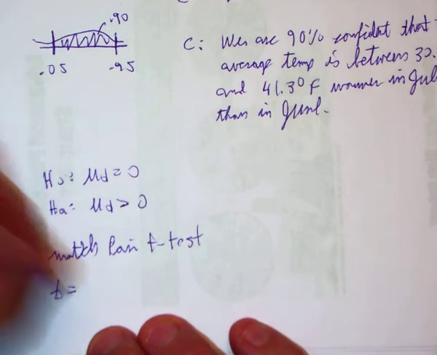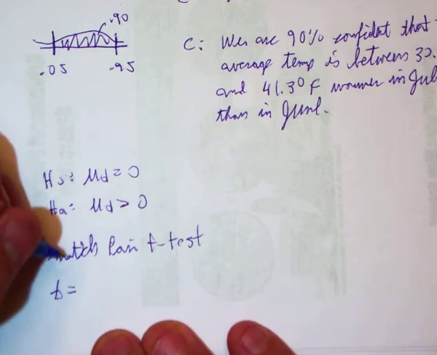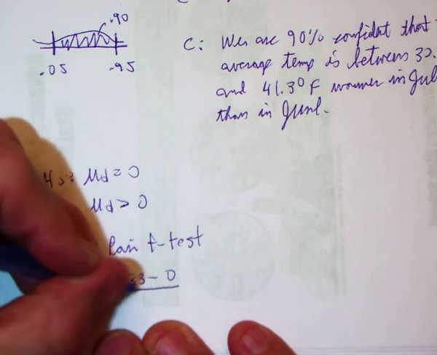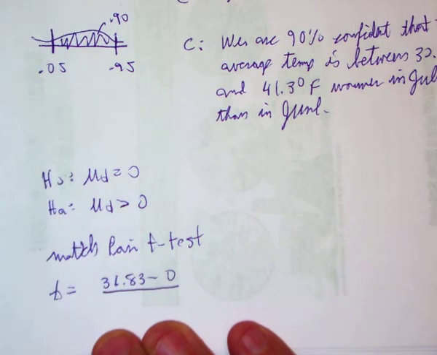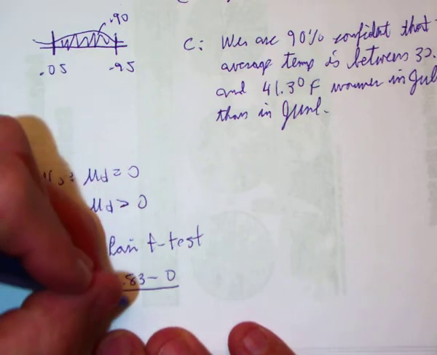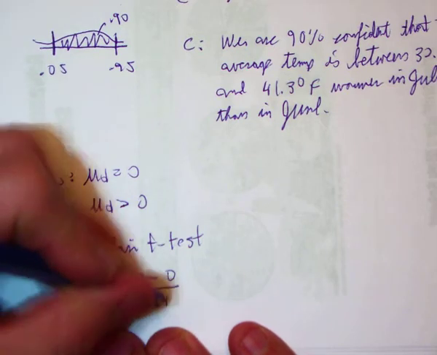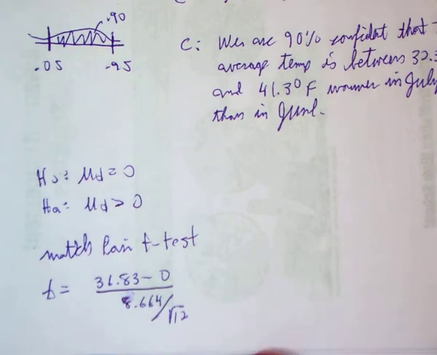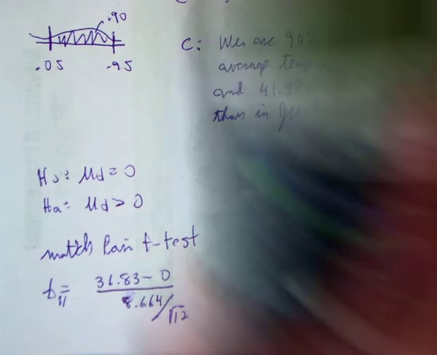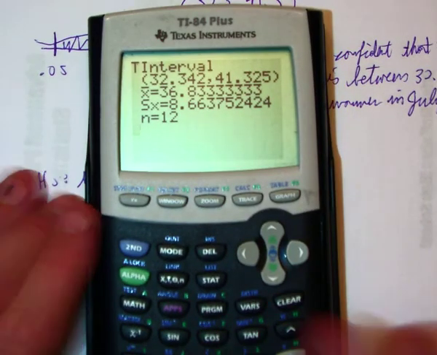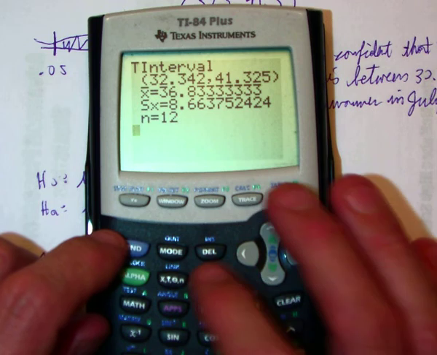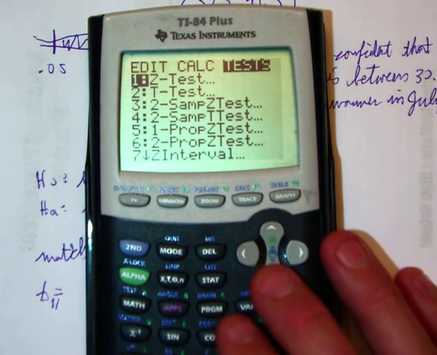So t would equal the mean difference, which is 36.83, minus 0, over the standard deviation over the square root of n. So that's what my t is, and this would have 11 degrees of freedom. So I'm going to go and do this test now. I'm going to reject this because we already rejected this because 0 is not in our interval.